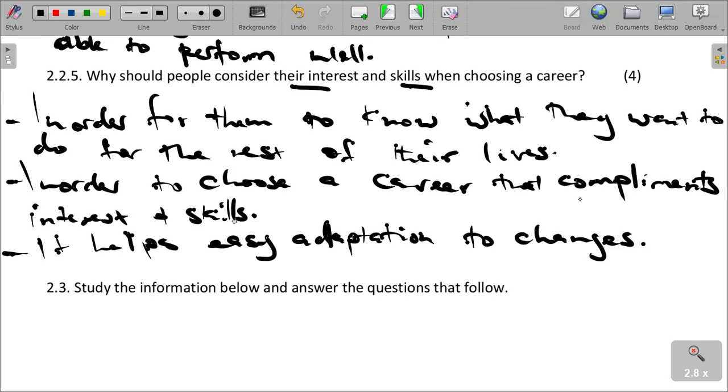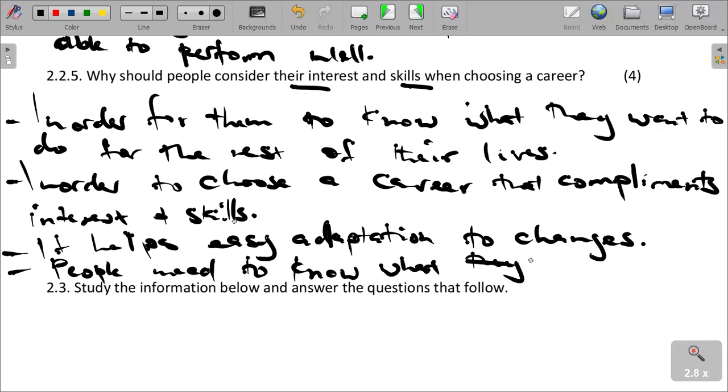And also, I've been saying that they know what they like the most. People must know what they like most.